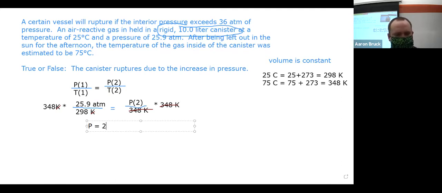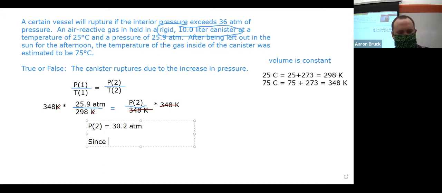We'd end up with a pressure of 25.9 times 348 divided by 298, 30.2 atmospheres.